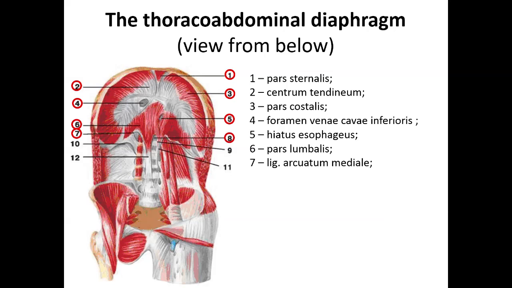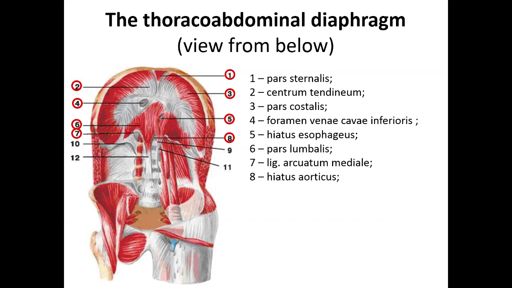And number 8, what is number 8? Number 8 is hiatus aorticus. Again, I repeat that through the diaphragm pass 3 large structures, and for this purpose they use the openings. So number 4, foramen venae cavae inferioris, number 5, hiatus esophageus, and now number 8, hiatus aorticus.